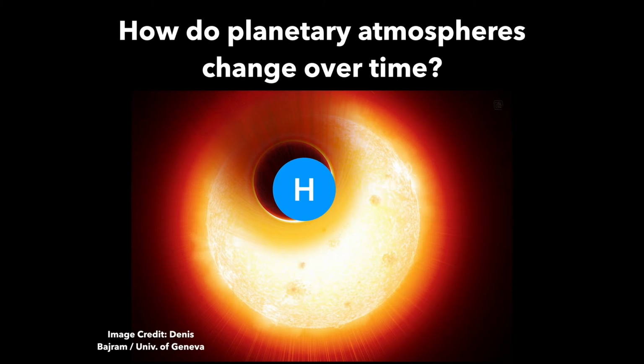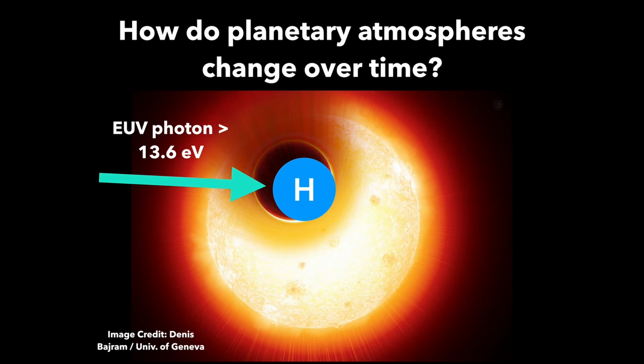Consider a hydrogen atom living in an exoplanet atmosphere. Because the planet is so irradiated, that hydrogen atom is going to see an extreme ultraviolet photon with energy exceeding 13.6 electron volts quite often. And what that photon can do is it can ionize the hydrogen atom. But if the photon energy exceeds 13.6 eV, that excess energy has to go somewhere, and it goes into heating the gas.